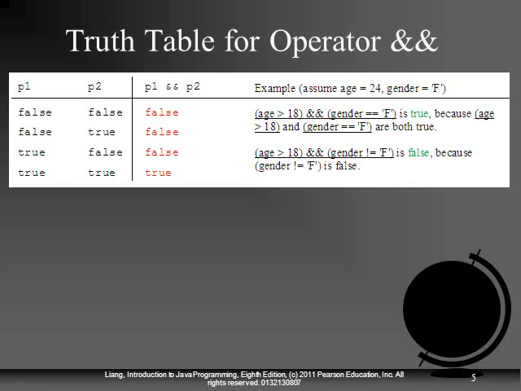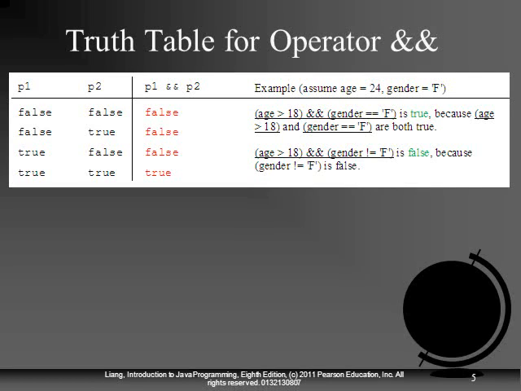We should note that in Java and in many languages, the language will short-circuit the comparison if it can immediately determine the outcome. So for example, if we look at line 1 or 2 on the left side of our truth table there, if proposition 1 is false, Java will immediately return false.